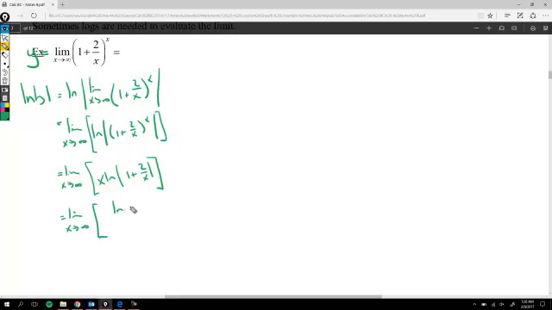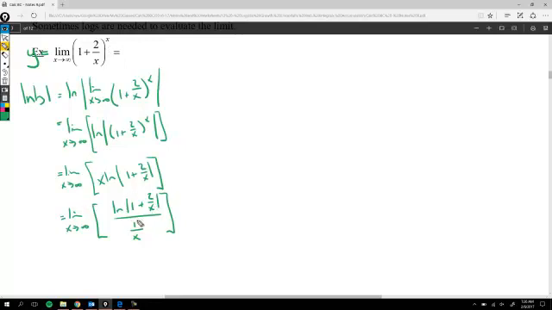Now, this isn't immediately apparent why I would do this. But if you think about your end goal, my end goal is to get this into indeterminate form so that I can use L'Hopital's rule. Because right now that's the only strategy that I'd really have for this. And I can't really take the derivative of this the way that it is. I don't know how to take the derivative of something to the x. So remember, when we have something to the x, you take the natural log of both sides every time.